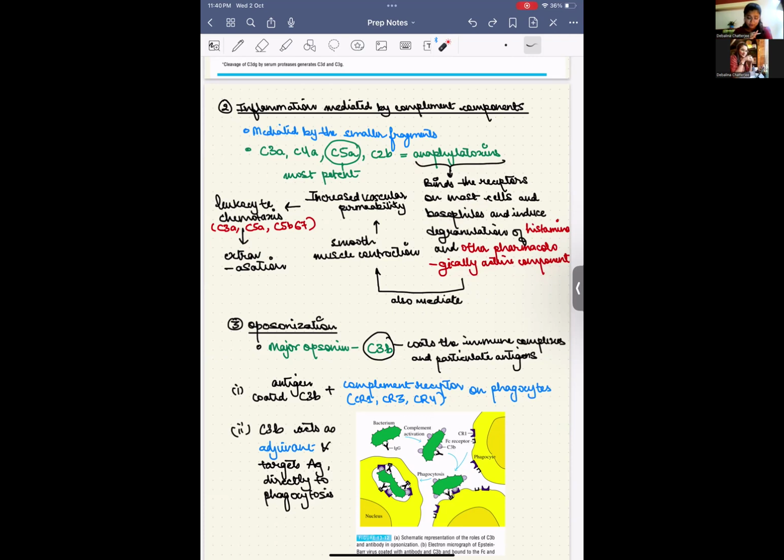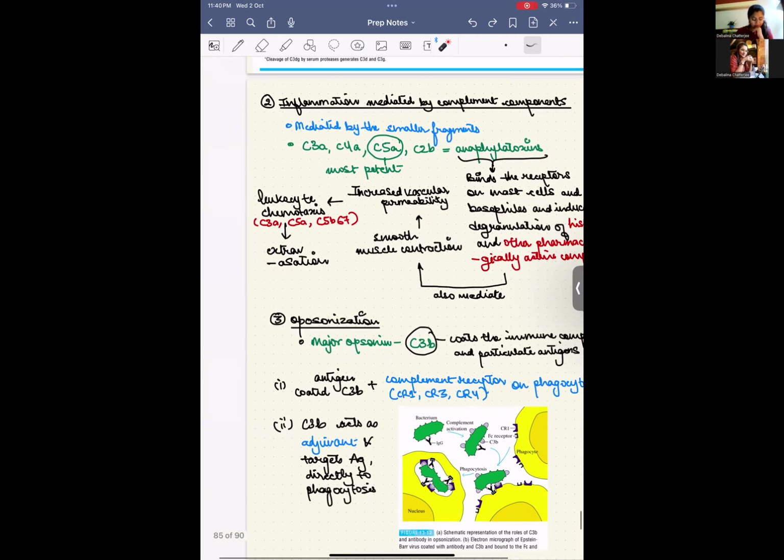Once these active components are coming about in the tissue, they mediate smooth muscle contraction. Smooth muscle contraction, which means the blood vessel smooth muscles, because of which the vascular permeability increases. Now, because of increased vascular permeability, we have leukocyte chemotaxis.